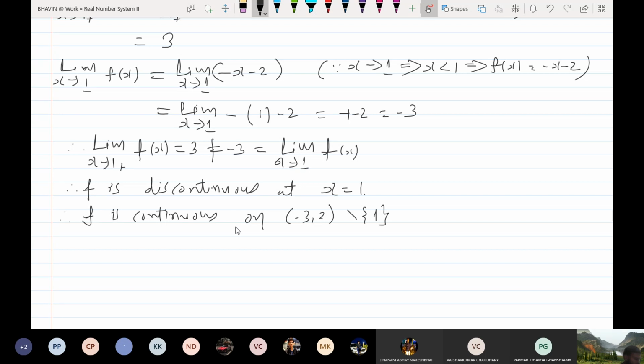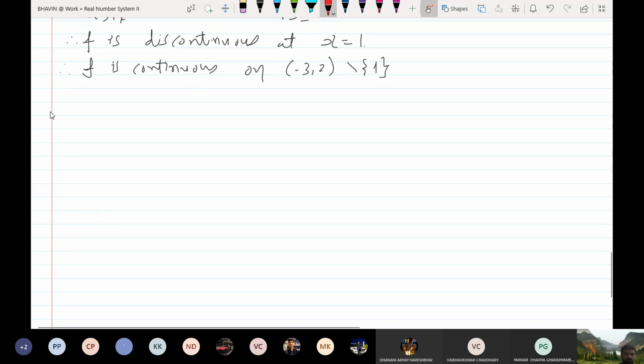Now let me take this example. I will take a function from R to R, and the definition of f is this: f(x) is equal to x sine 1 upon x when x is not equal to 0, and 0 if x equal to 0.